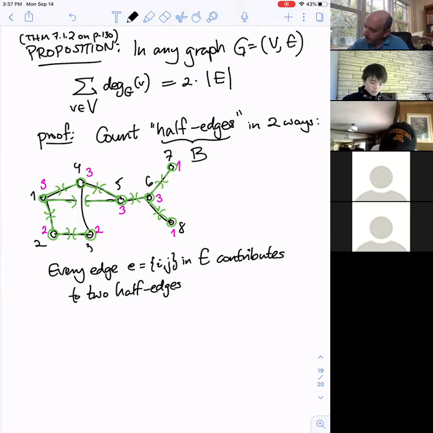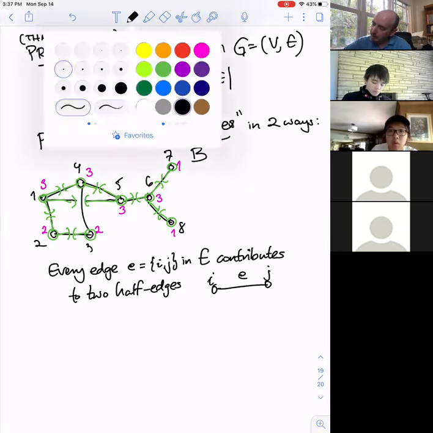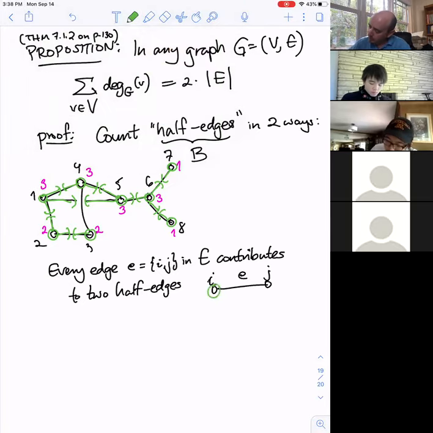When I've got the edge e, and here's vertex i, and here's vertex j, it contributes that half edge and that half edge.